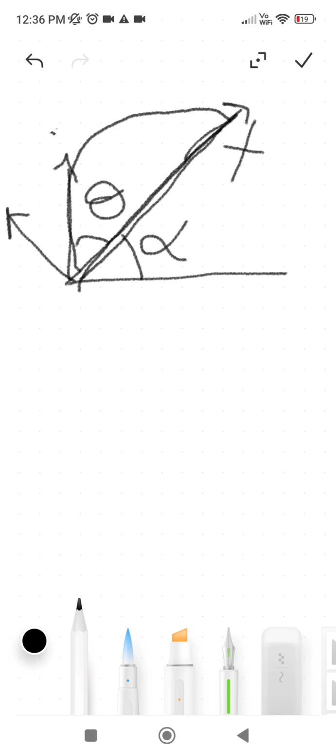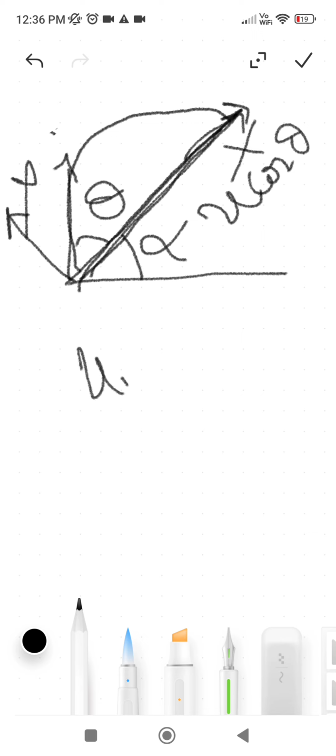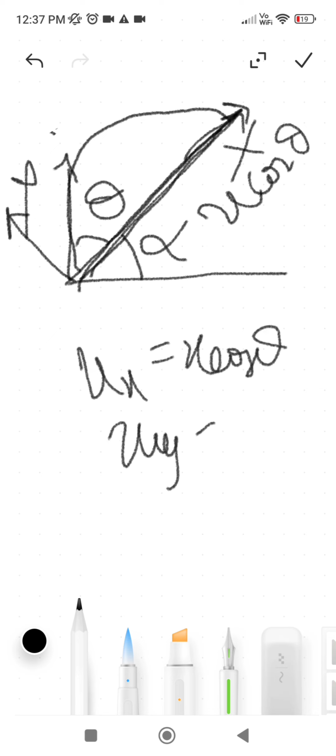This is my x direction, this is my y direction. So again u cos theta along this, and u sin theta along the y direction. Let me write the velocity. ux is u cos theta and uy is u sin theta.